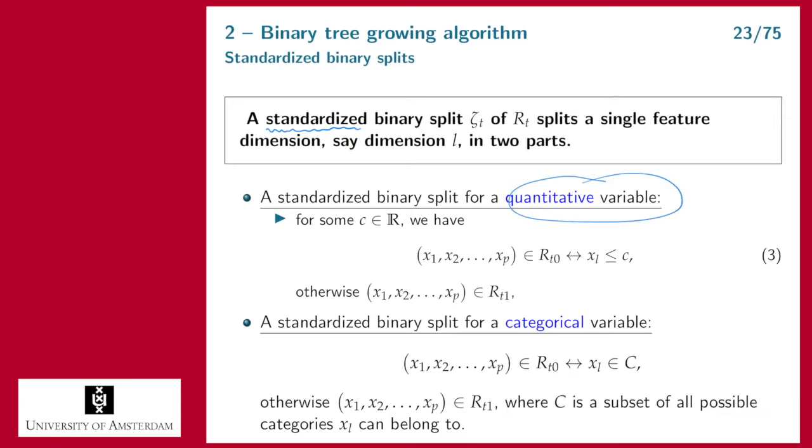So x1, x2, x3, all the feature variables are quantitative, just for simplicity. Then we say, if we do a standardized binary split, then we look at RT and we split that in two parts, RT0, RT1. When does a certain feature vector belong to the RT0?